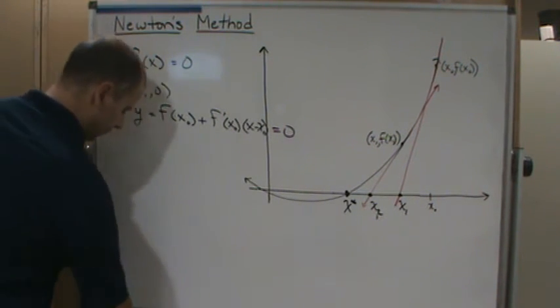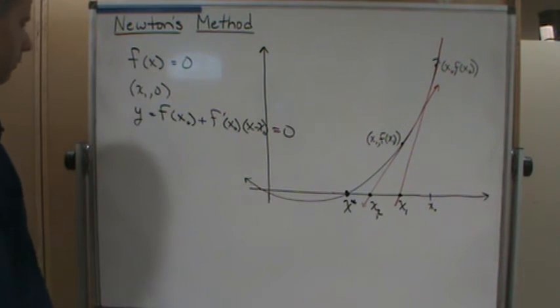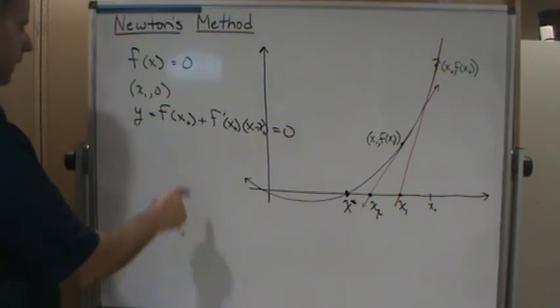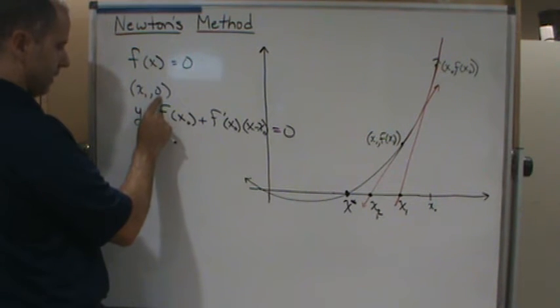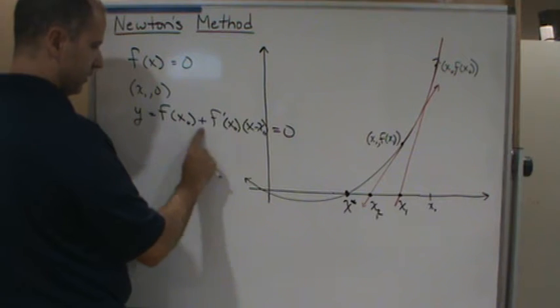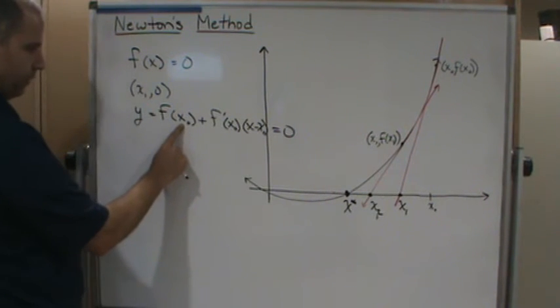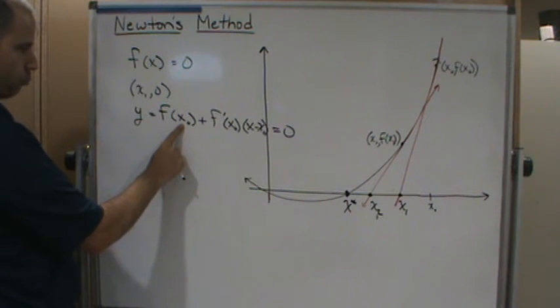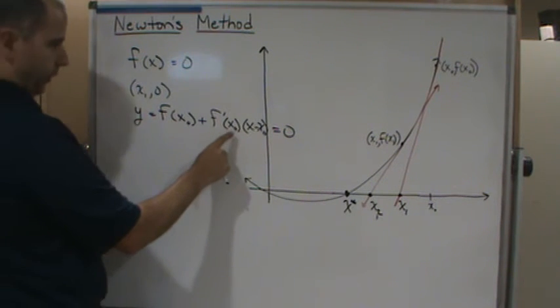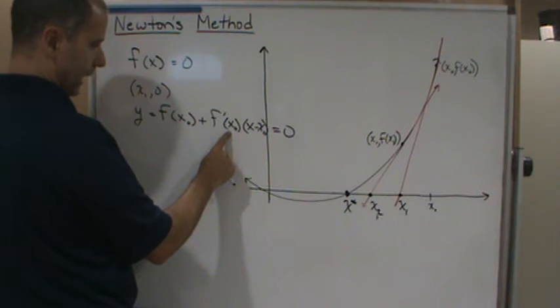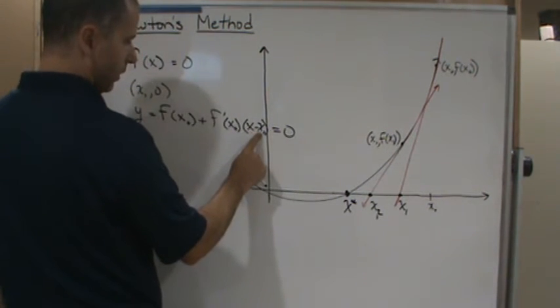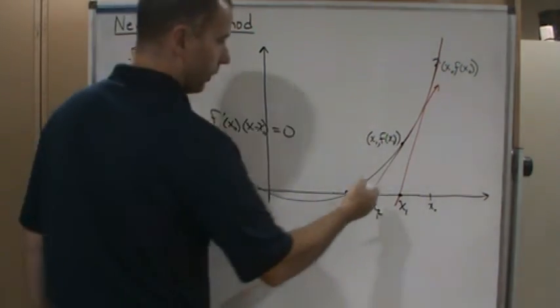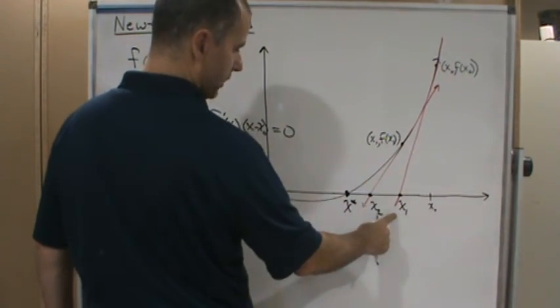Because if y is equal to 0, right? So here's the slope at x0, that's the slope of the tangent line at x0, times x minus x0. So again, here's the equation of the tangent line that goes to x1.